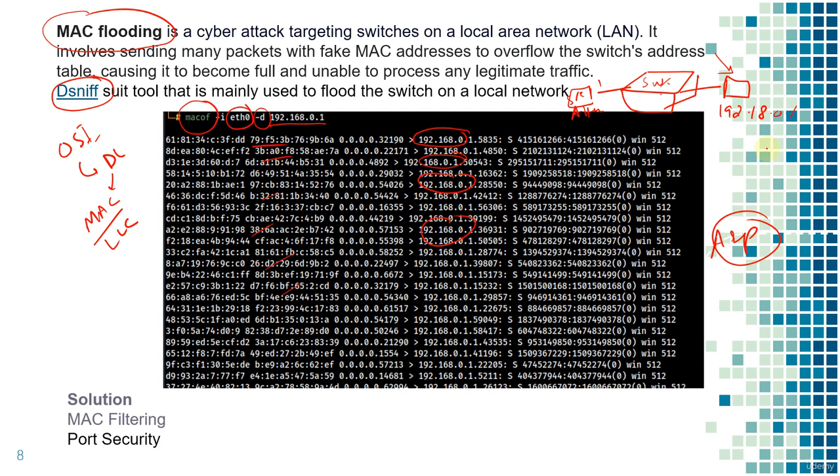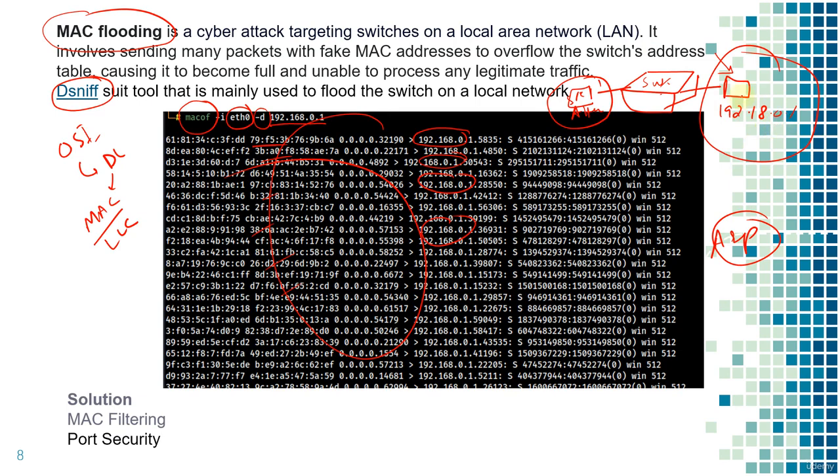So what will happen when the attacker is going to flood so many MAC addresses destined to 192.168.0.1?